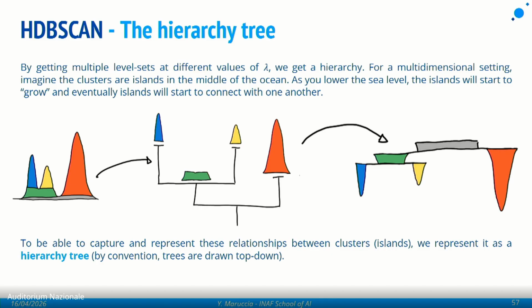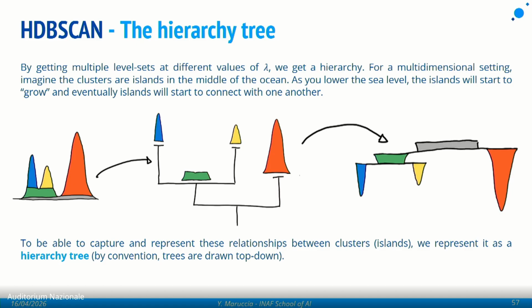It will change this parameter, and it has to understand where to separate or to aggregate these clusters, these peaks, and then it has to translate it into a dendrogram, that is the hierarchical tree representation, in which we have the greater level at the top and then the bottom ones, from top to down.